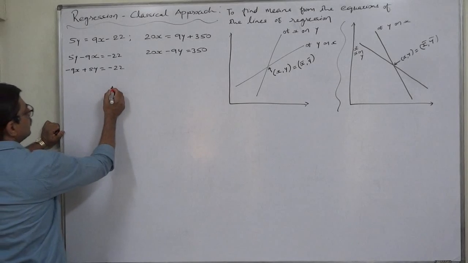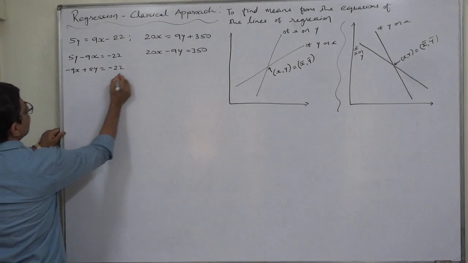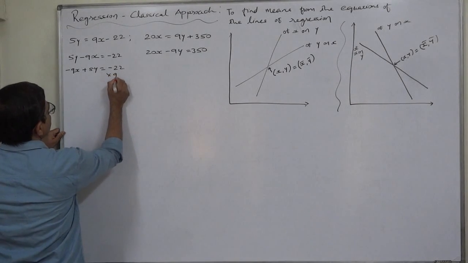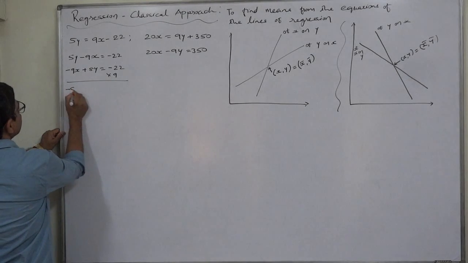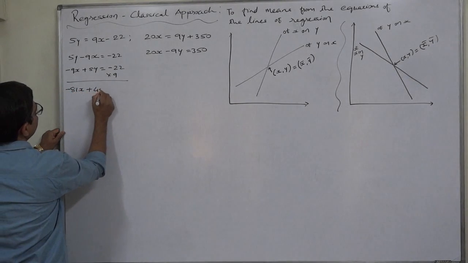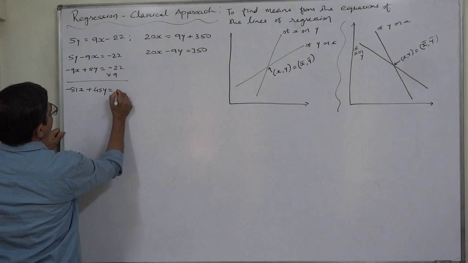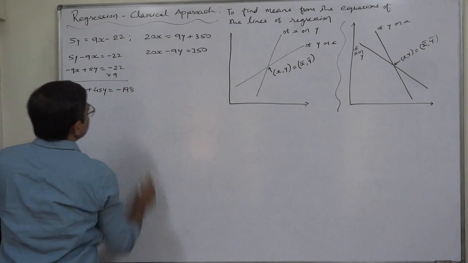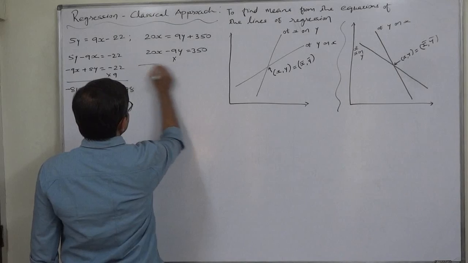So multiplied by 9 will be minus 81x plus 45y equals to minus 198. And let us multiply this by 5.